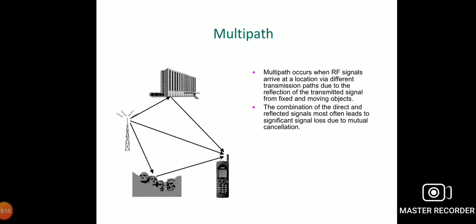In these multipath components, multiple versions of the radio frequency signal arrive at a location via different transmission paths due to the reflection of the transmitted signal from fixed and movable objects. The combination of direct and reflected signals most often leads to significant signal loss due to mutual cancellation.